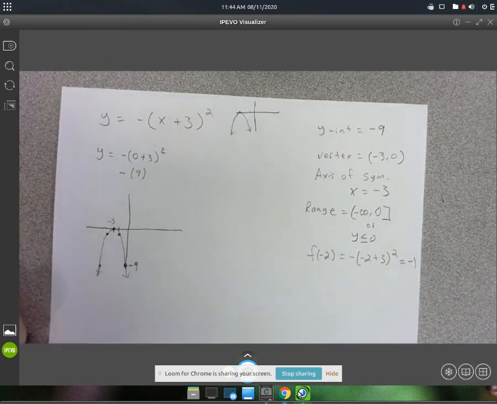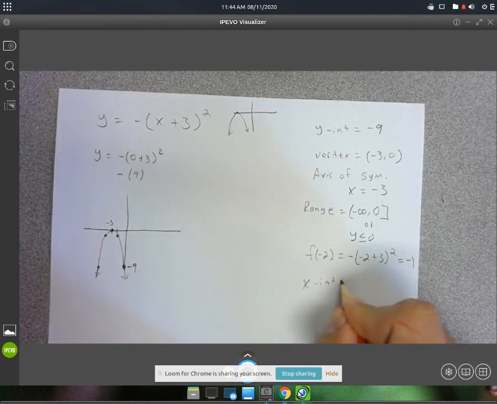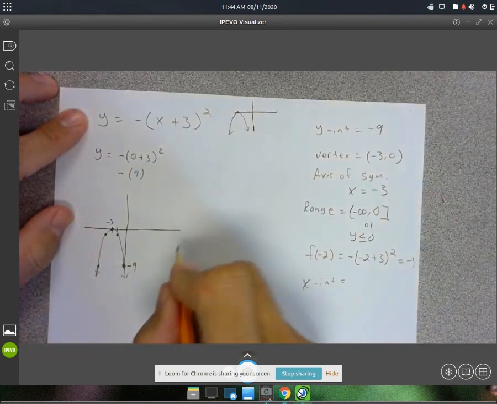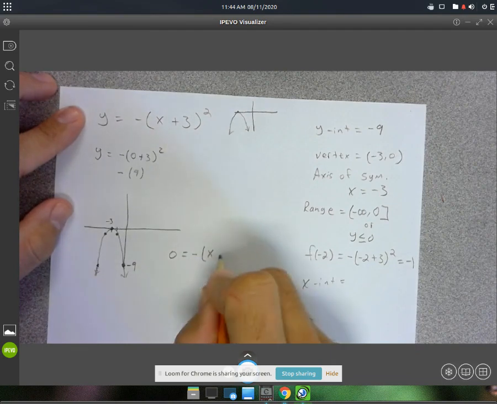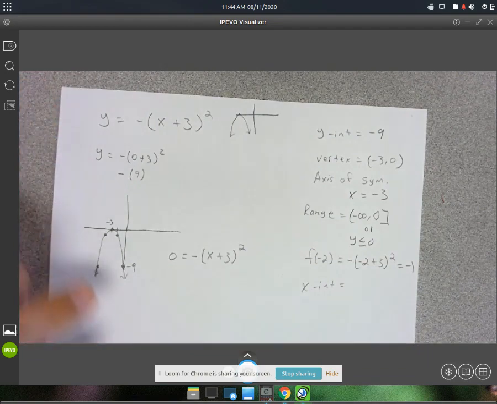The x-intercept, it looks like we already know what that is, but we can go ahead and list it. For the x-intercept, we'll plug in 0 for y. That'll be a negative, and x plus 3 squared. All right.